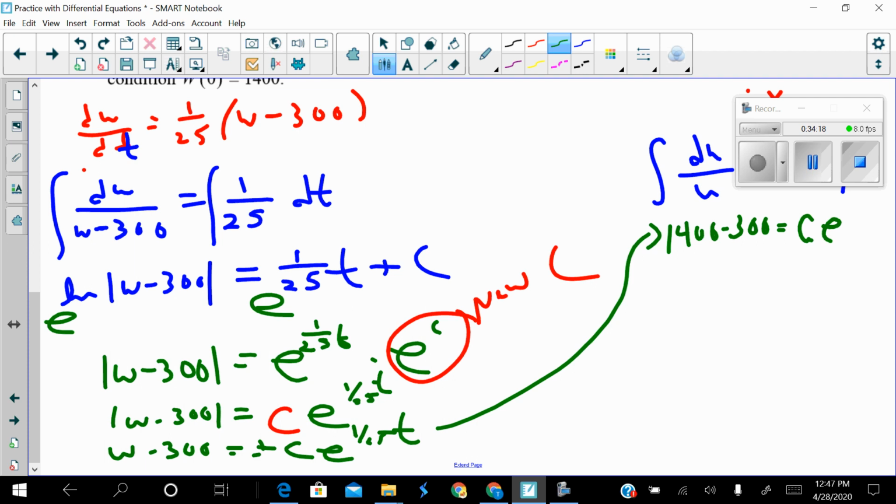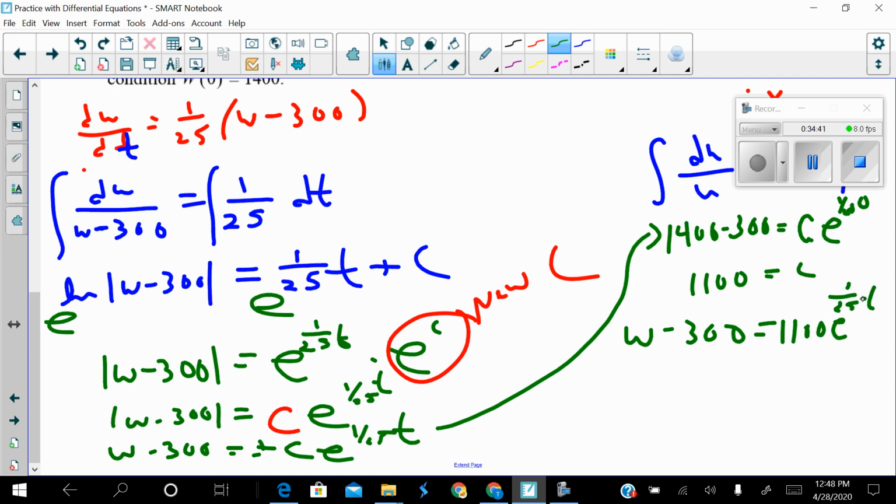And then it's going to be e to the 1/25 times 0. Well, e to the 0 is just 1. So 1100 is equal to c. So now I have my solution: w minus 300 equals 1100 e to the 1/25 t.